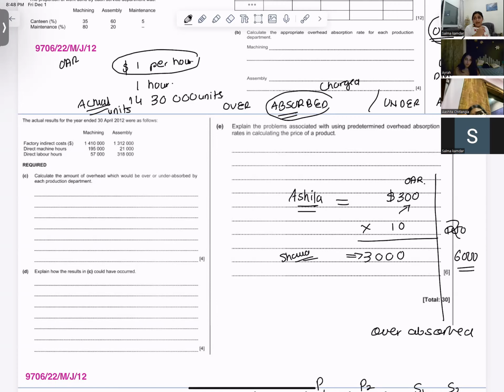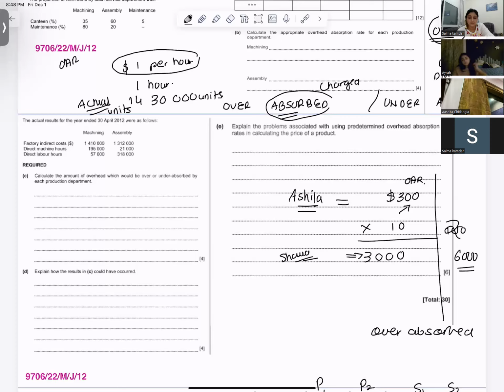Because she worked more hours than estimated, or I produced more units than was estimated. So the next thing that they would ask you to find is whether your overheads are over absorbed or under absorbed.